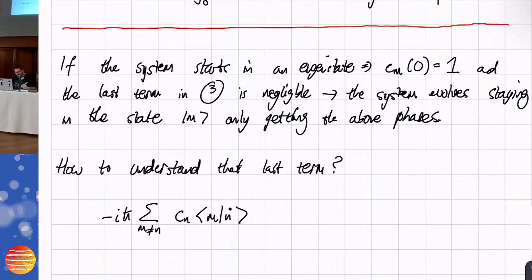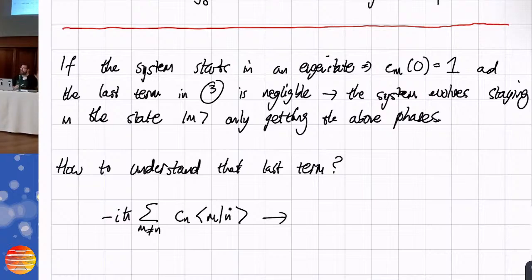If we want that term to be small, let's have a look at it. What way can we make this negligible? I can't do anything about the i and h-bar, and I can't do anything about the CNs. Remember, even if I start in a specific eigenstate, this sum is to do with all of the couplings.